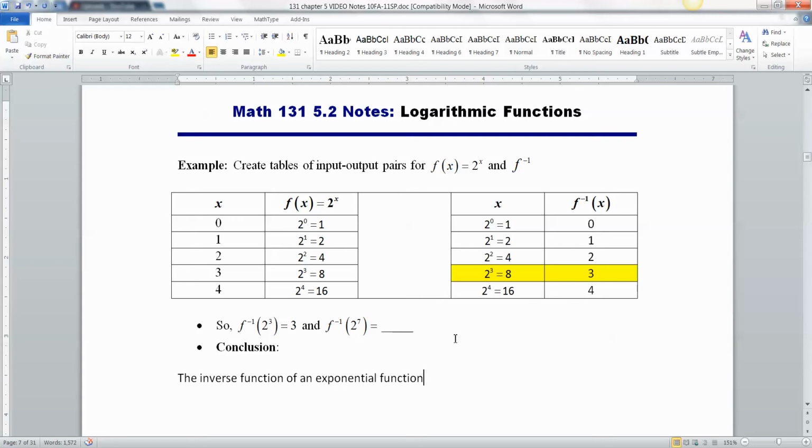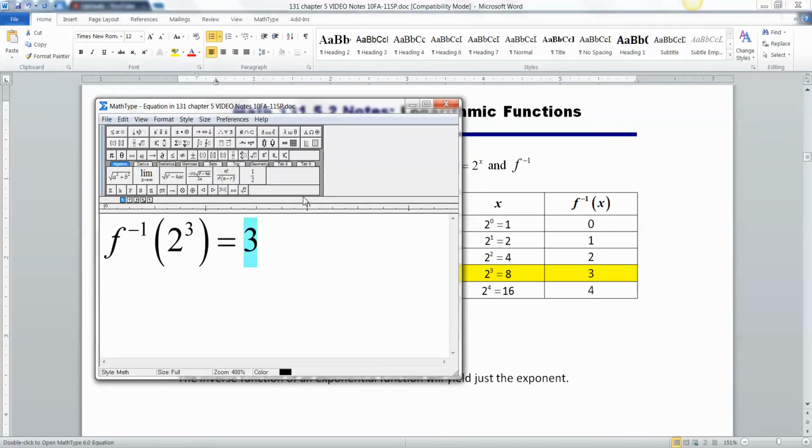So the inverse function of an exponential function will yield just the exponent, right? So for example, the inverse function of 2 to the 3 was 3.